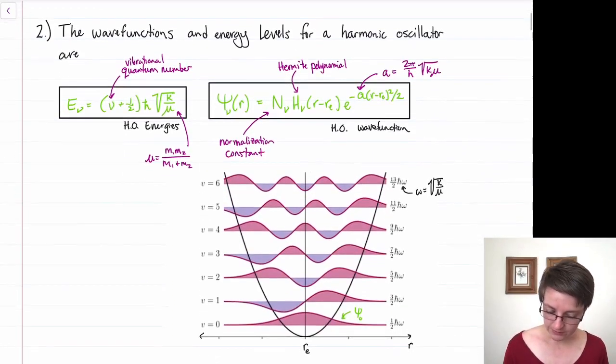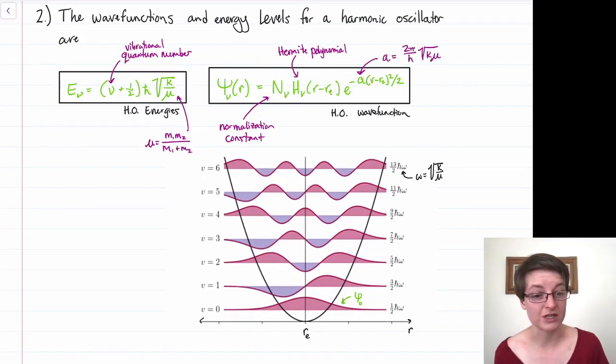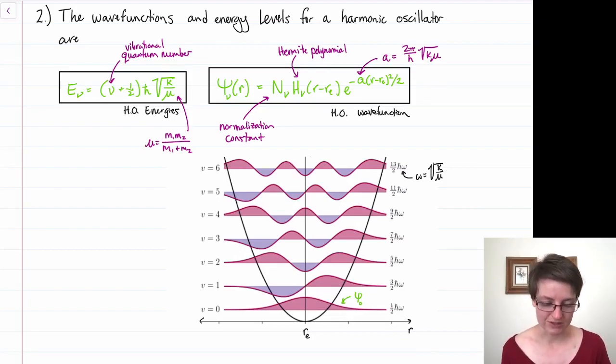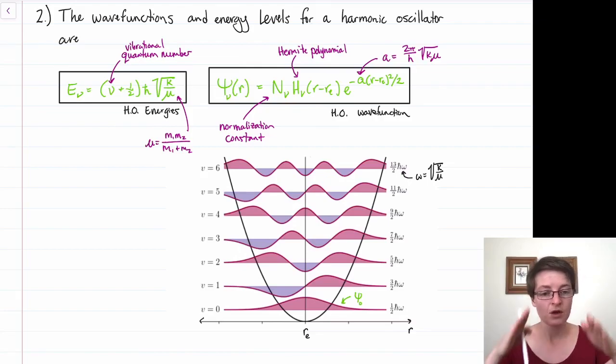Last lecture, we also solved for the wave functions and associated energy levels of this harmonic oscillator model. What we found was that the wave functions were a product of Hermite polynomials, which give each wave function a certain amount of oscillatory behavior, times a Gaussian function, which tells us that the wave function should decay as a Gaussian as we move to larger and larger displacements.